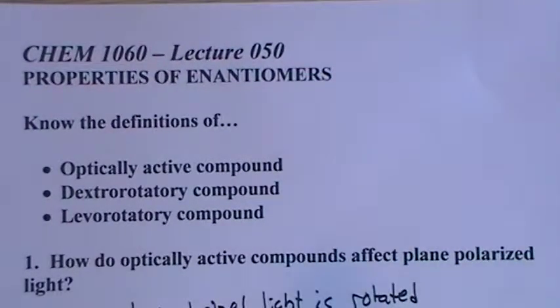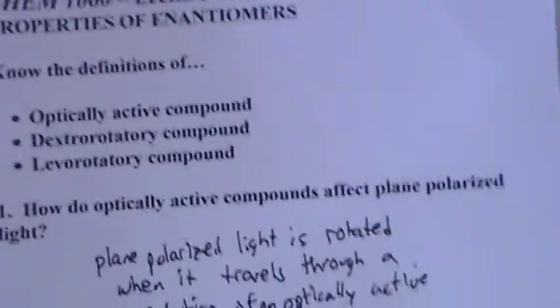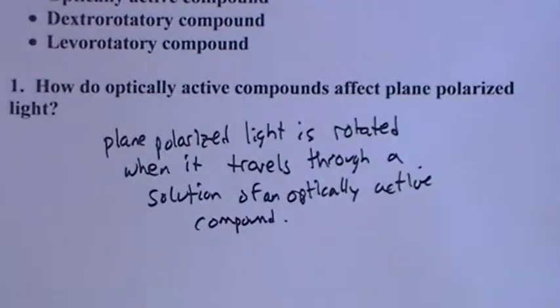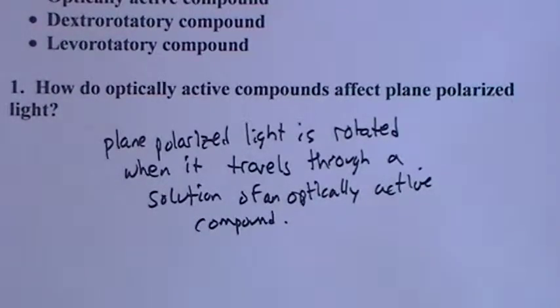So you put an optically active compound, usually most of the organic compounds that we deal with are solids, especially in this chapter, so we mix them in water, create the solution, and then we pass a plane polarized light through, and it gets rotated to the left or to the right by an optically active compound.